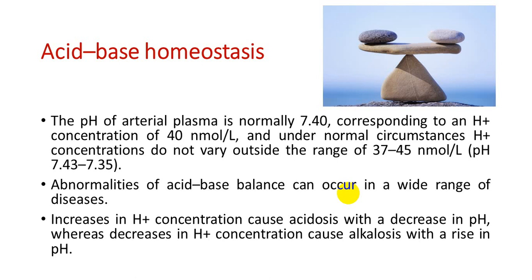So abnormalities of acid-base balance can occur in a wide range of diseases. The increase in hydrogen concentration causes acidosis with a decrease in pH, whereas decreases in hydrogen concentration cause alkalosis with a rise in pH.